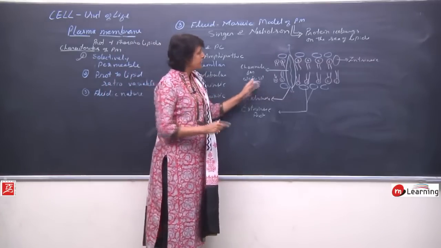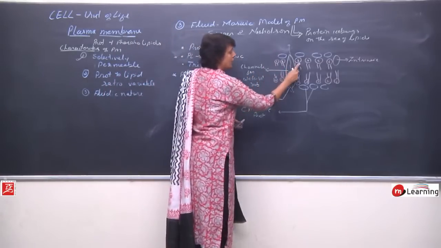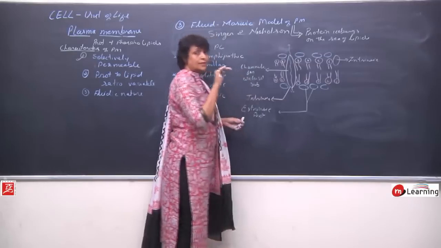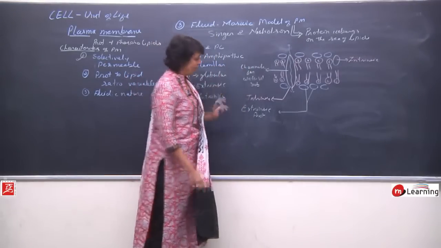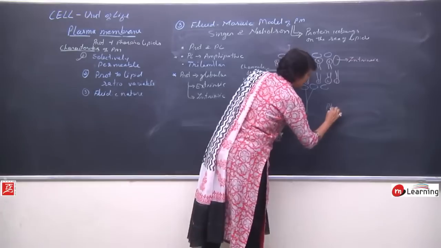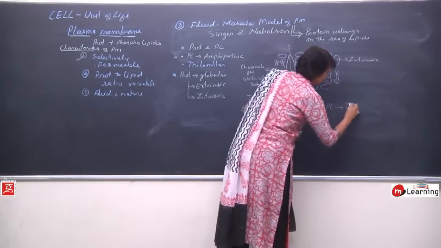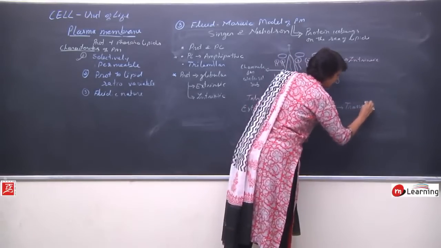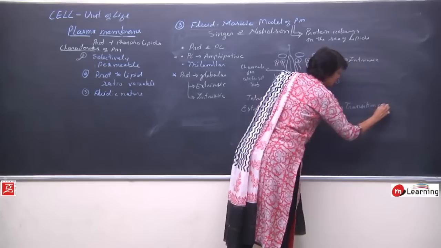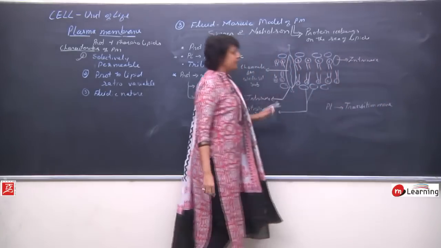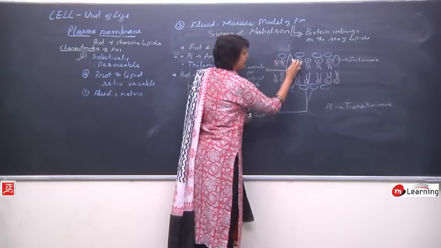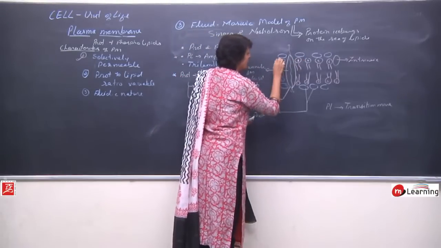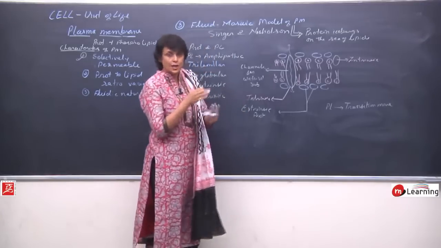One movement is when the molecules interchange their position in the same layer. This is known as transition movement. So phospholipids show transition movement. What is meant by transition movement? The position of 1 and 3. So this becomes 1 and this becomes 3, gets exchanged.